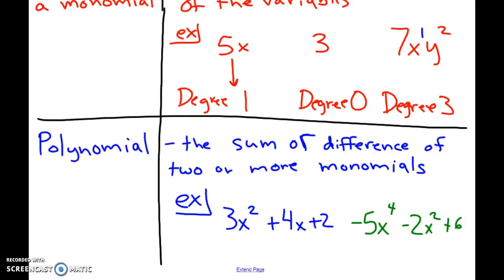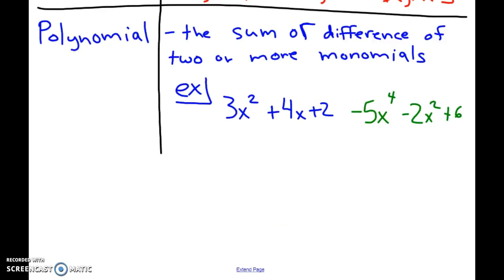But we're going to move on and talk a little bit more about polynomials, and go on to the next portion. We're going to talk about the standard form of a polynomial.